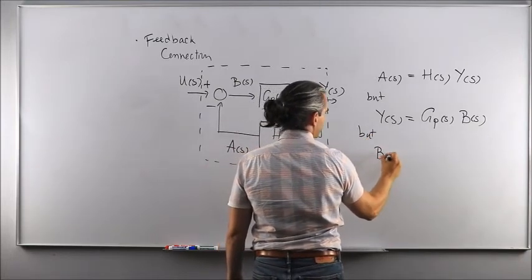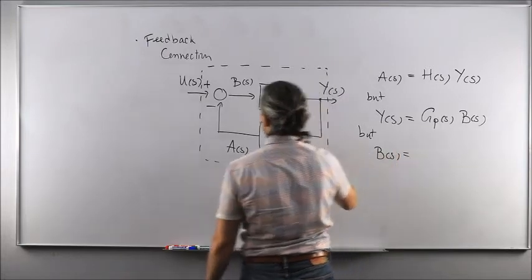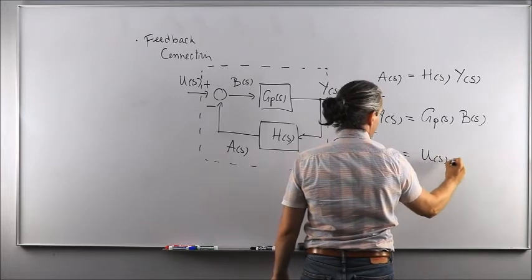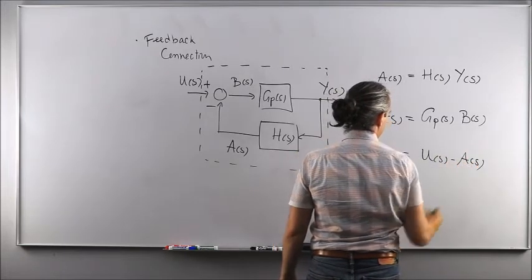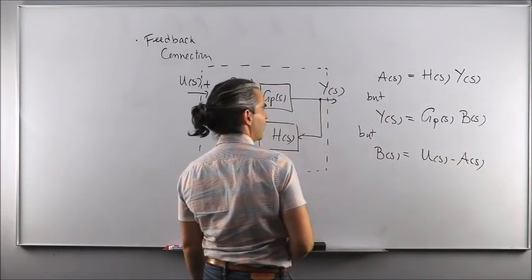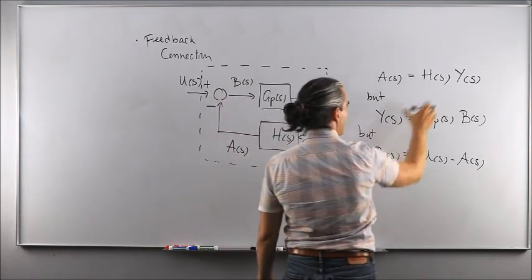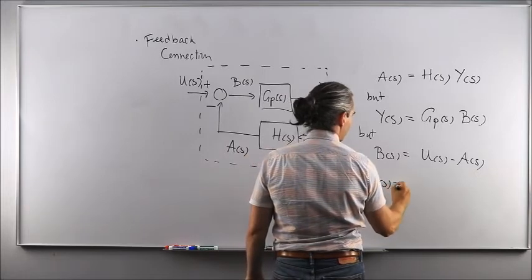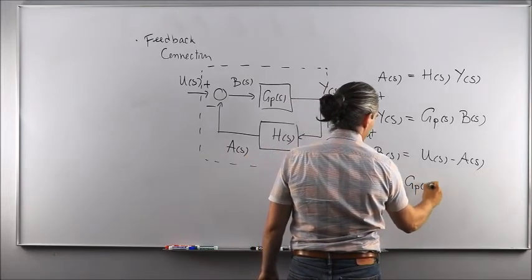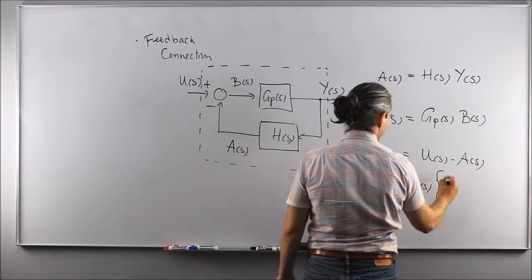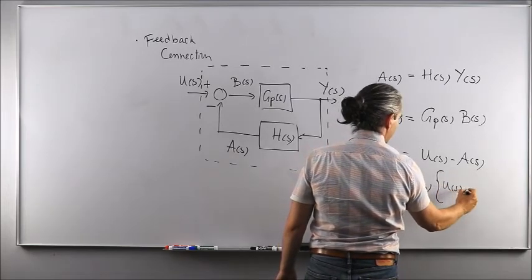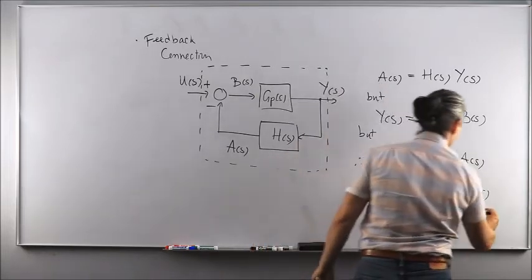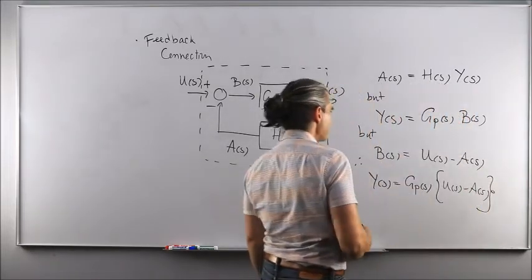I know that this signal B is actually obtained as u of s minus a of s. So all I have to do is to plug everything backwards and say that my y of s is therefore gp of s, that multiplies u of s minus a of s, like that.